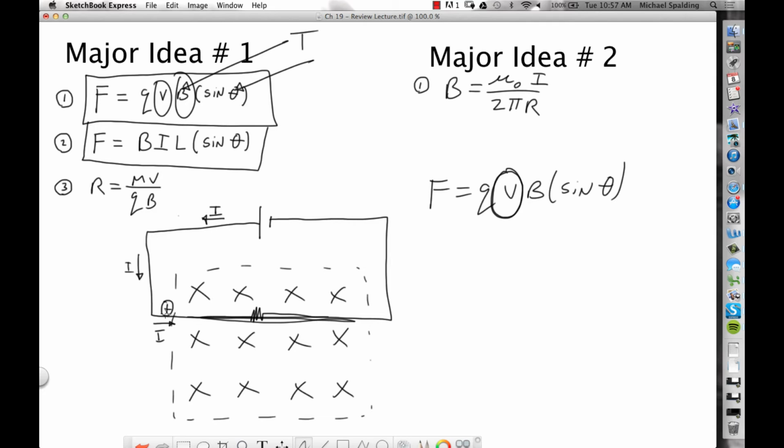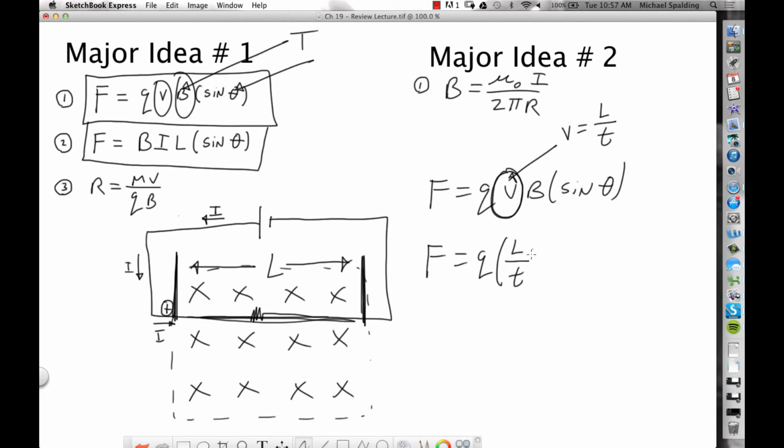It's inside the wire, and let's say that the distance from here to here is L. Well, what would the velocity of the charge be? The velocity of the charge is going to be L over T, right? All velocity is distance over time. So this is going to be F equals Q L over T times B sine theta.